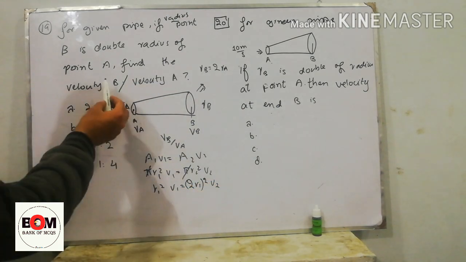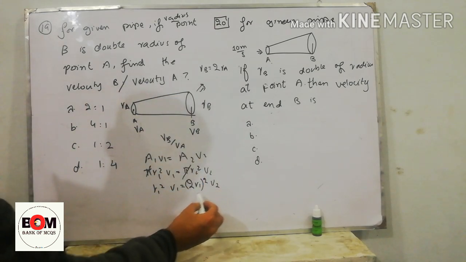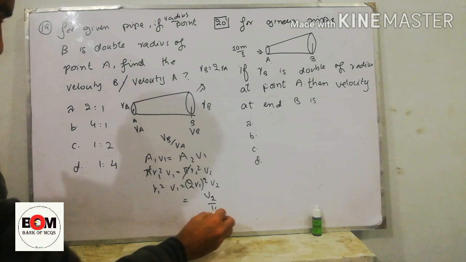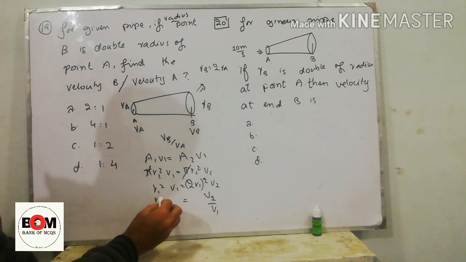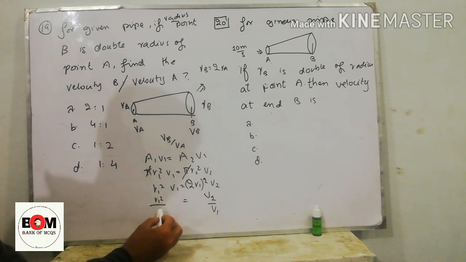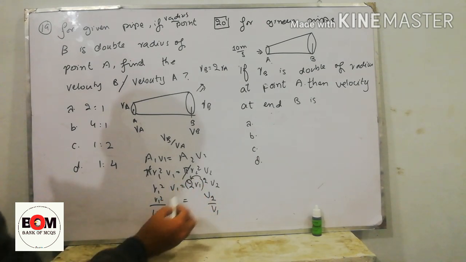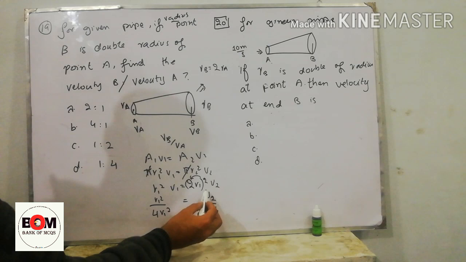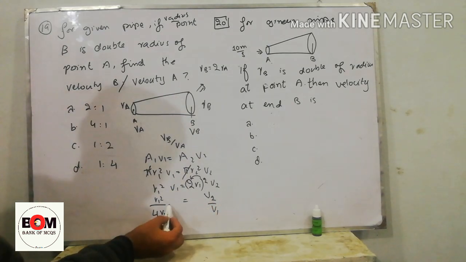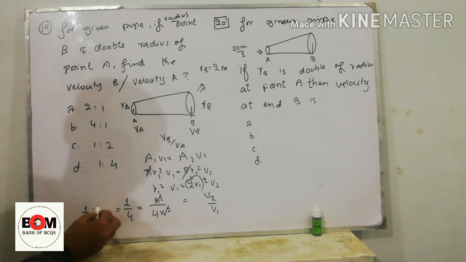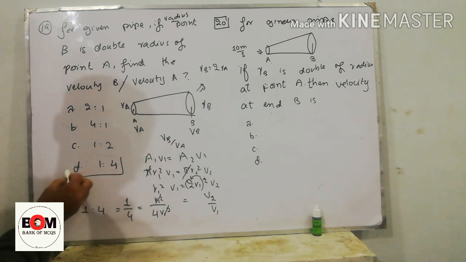To find the velocity of B to V1, that is V2 divided by V1, we get R1 square divided by 2 square R1 square, which is 4, equal to V2 divided by V1. R1 cancels, and the answer is 1 divided by 4, that is the ratio 1 to 4.